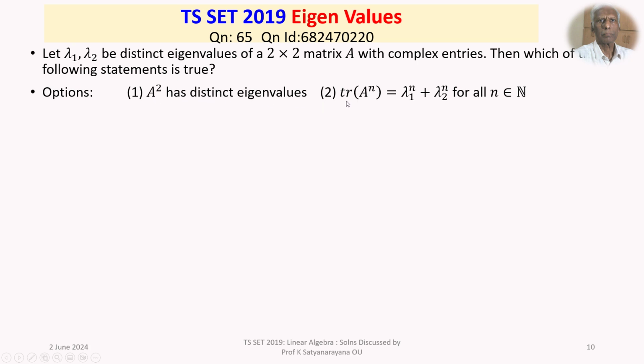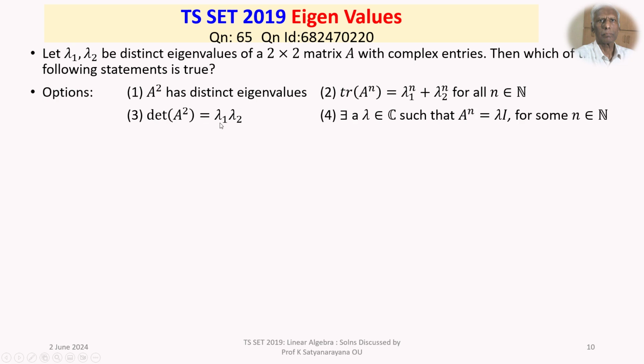Option 2, trace of A power n is lambda 1 power n plus lambda 2 power n for n belongs to N, the set of natural numbers. Option 3, determinant of A square is equal to lambda 1 lambda 2. Option 4, there exists a lambda belongs to C such that A power n is equal to lambda I for some n belongs to N, the set of natural numbers.